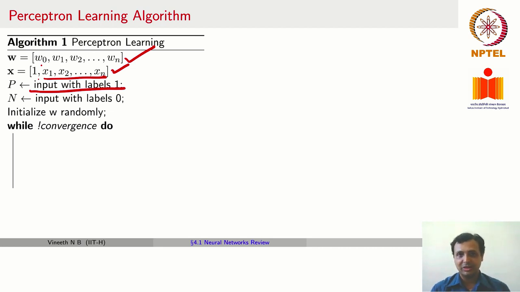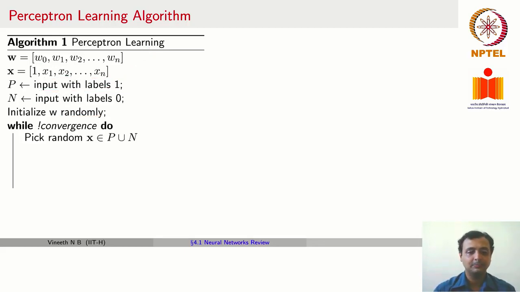Let's call that set of inputs the positive class, or P. And you have another set of inputs with label 0, which let's call the negative class, or the set N. We start by initializing the vector w randomly, and then we loop over a set of steps. Let's see what they are.